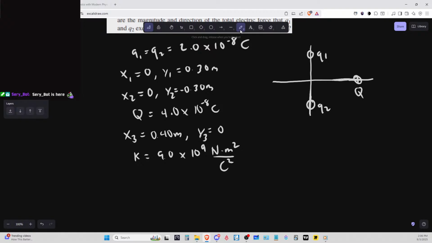Alright, so we have to do this individually. So K, Q1, Q, radius, not radius, but distance squared, and then Q2. All right, so now we have to figure out how to actually get the direction, or the distance actually.